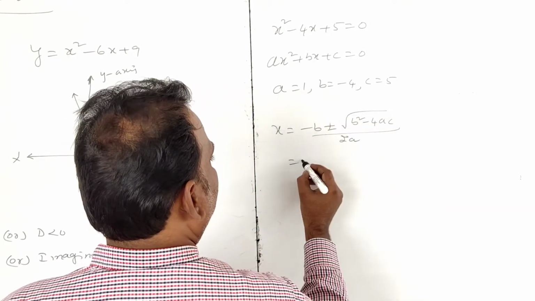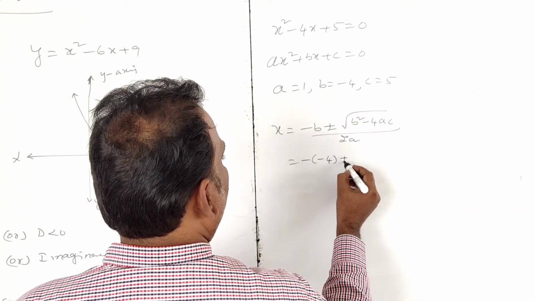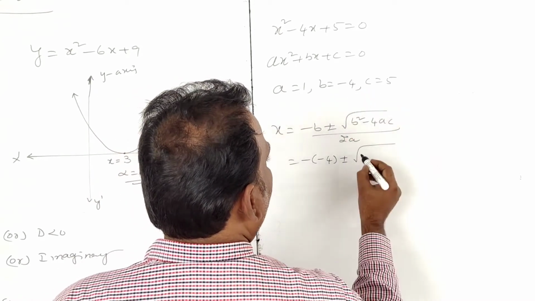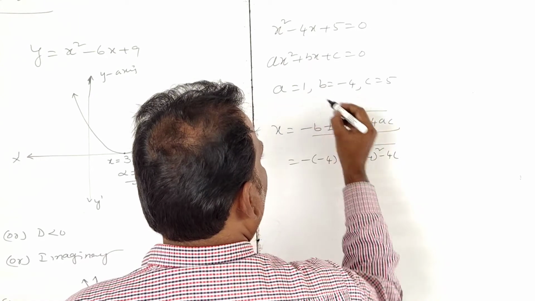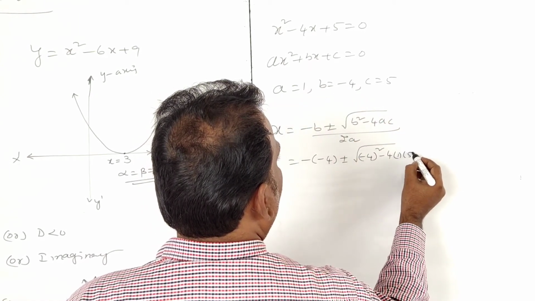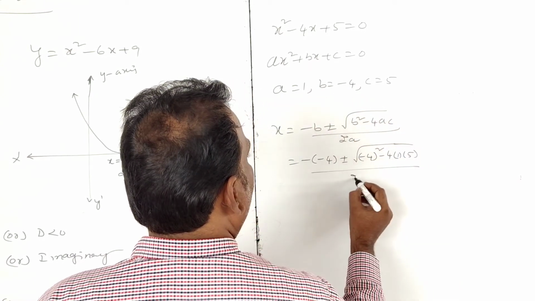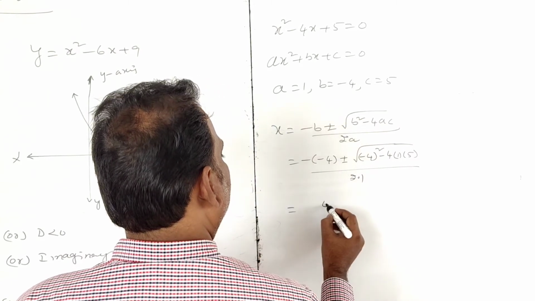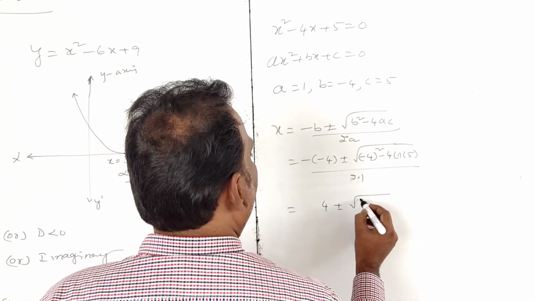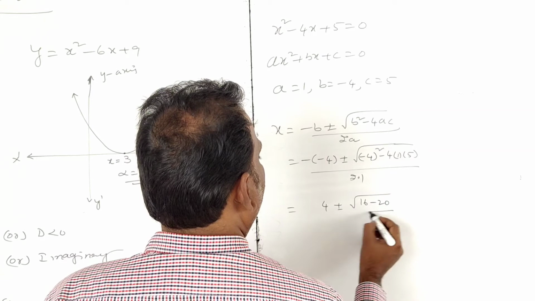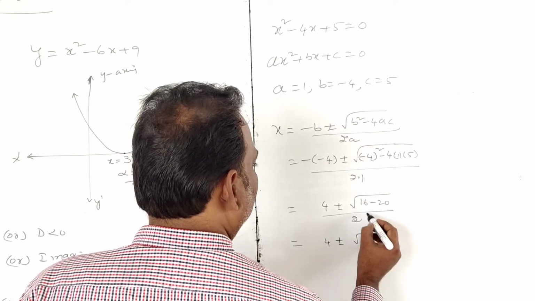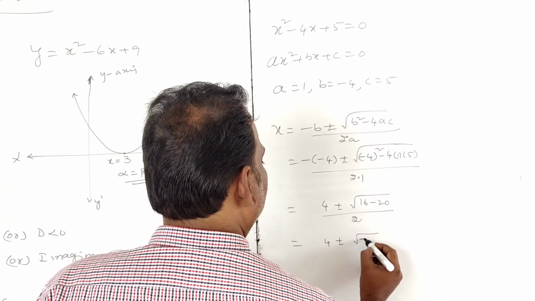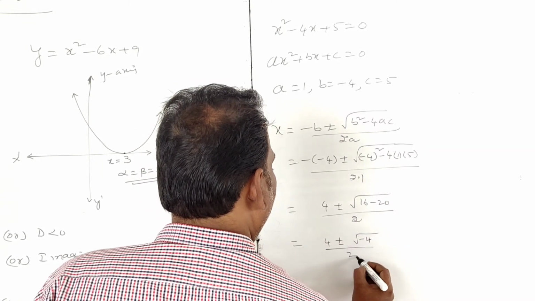So, minus of minus 4 plus or minus root of minus 4 whole square minus 4 into 1 into 5, upon 2 into 1. So this is 4 plus or minus root of 16 minus 20, upon 2, that is 4 plus or minus root of minus 4 upon 2.